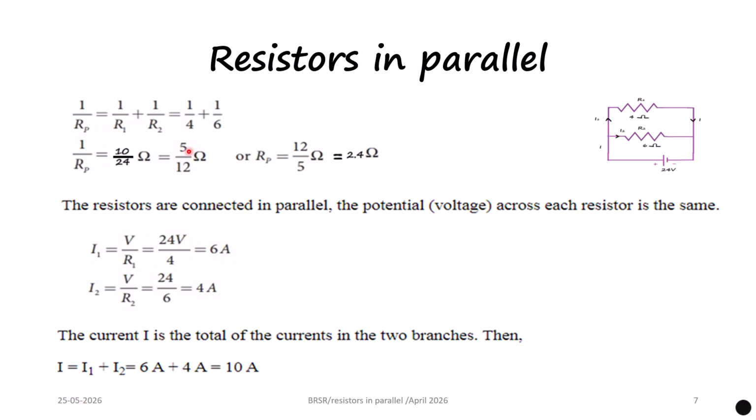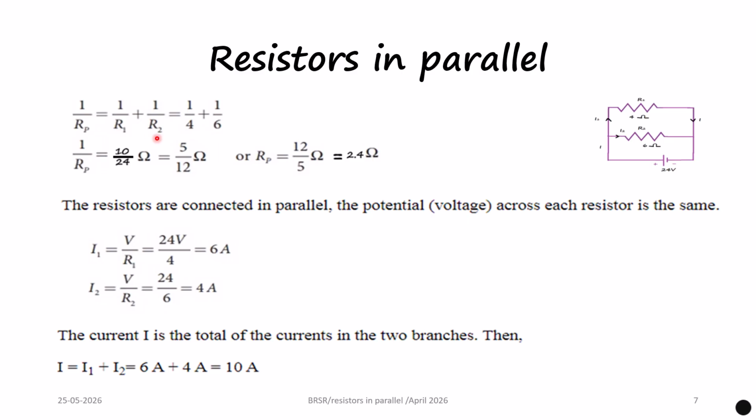Let us now calculate the equivalent value of the resistors connected in parallel. We see that 4 ohms and 6 ohms are connected in parallel. To find the equivalent value, 1 by R parallel will be equal to 1 by R1 plus 1 by R2. Here it is 1 by 4 plus 1 by 6.